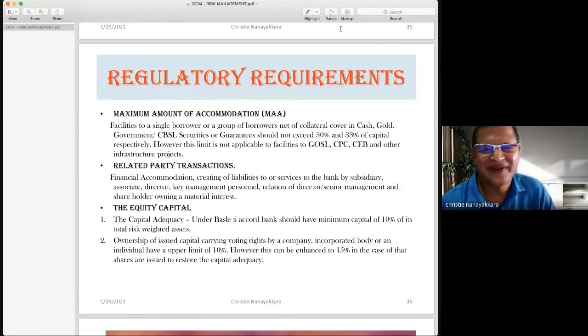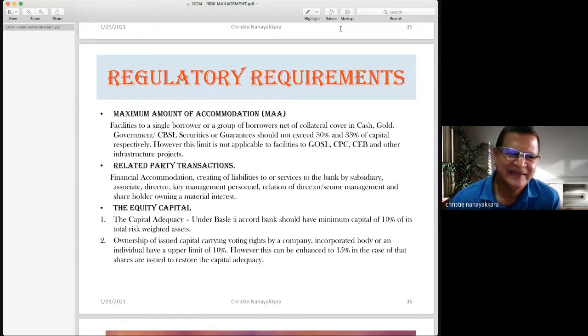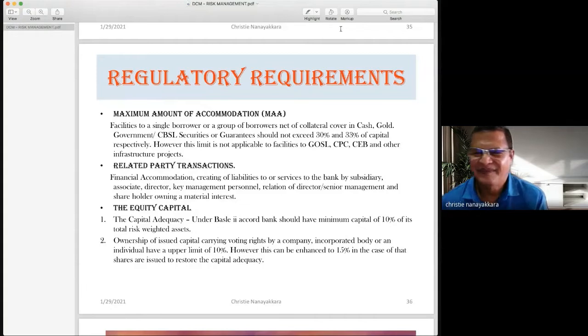Now what I'm trying to explain to you is a different concept. I'm trying to explain the maximum amount of accommodation that can be granted to a customer. Say our bank's capital is 10 billion.